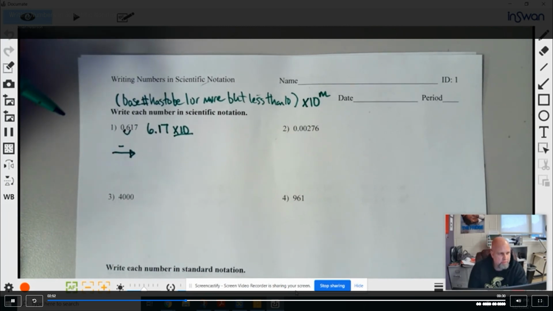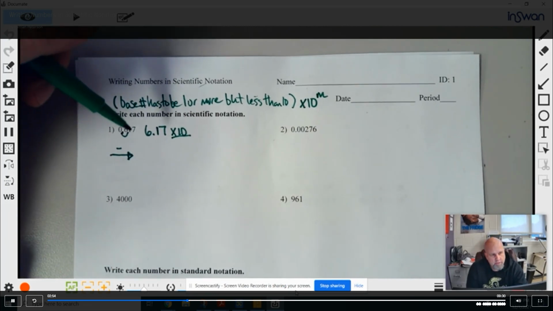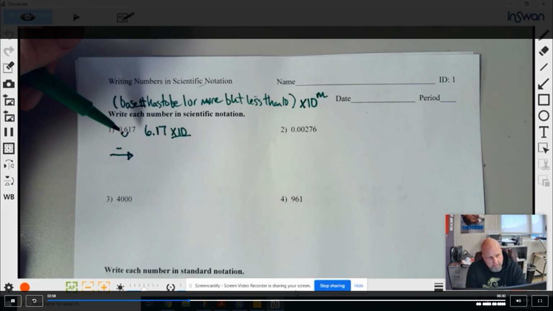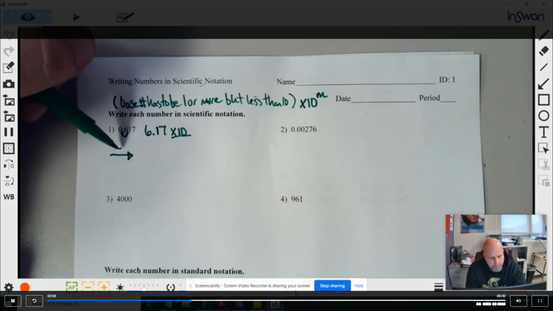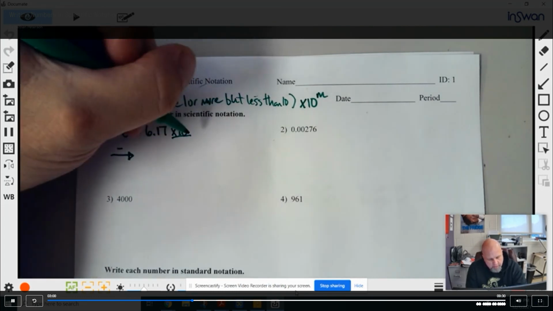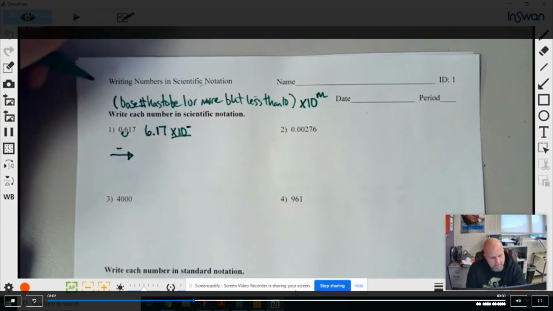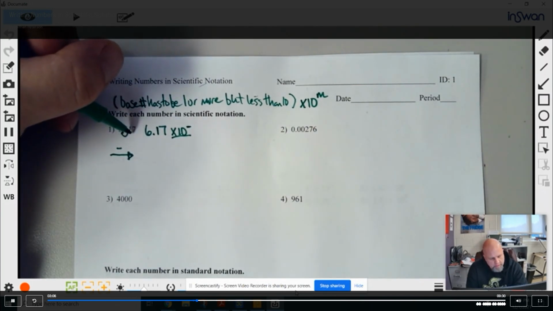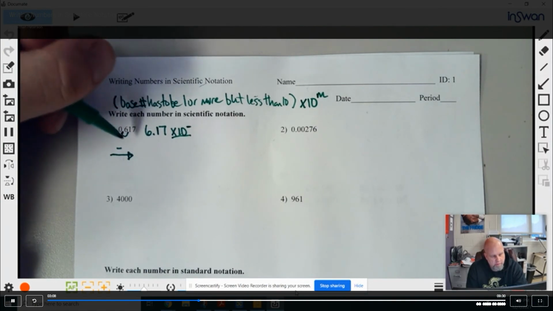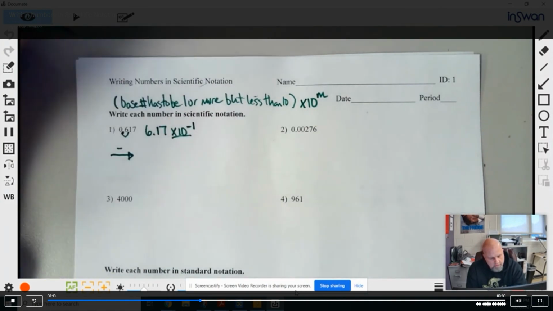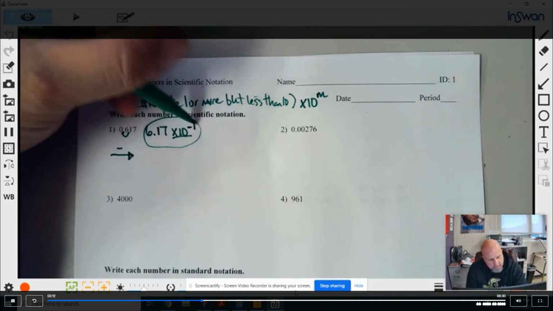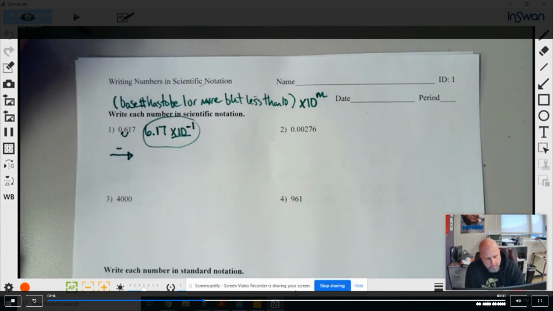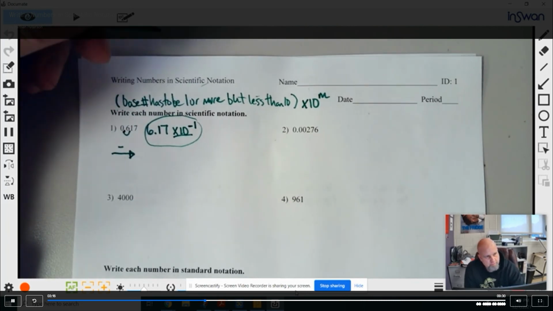This is kind of backwards thinking to what you're used to, but if the decimal point has to move to the right, it results in a negative exponent. The exponent is the number of movements you made, and it only moved one time. So my final answer is 6.17 times 10 to the negative first power.